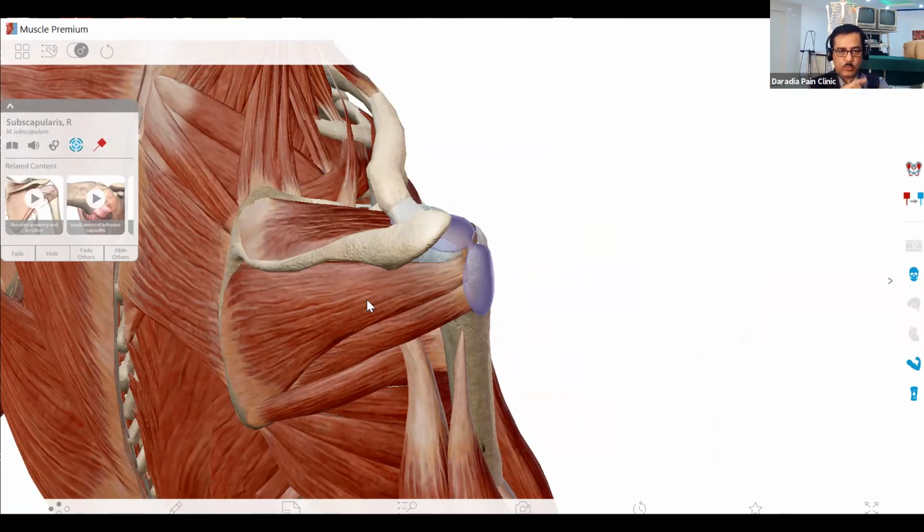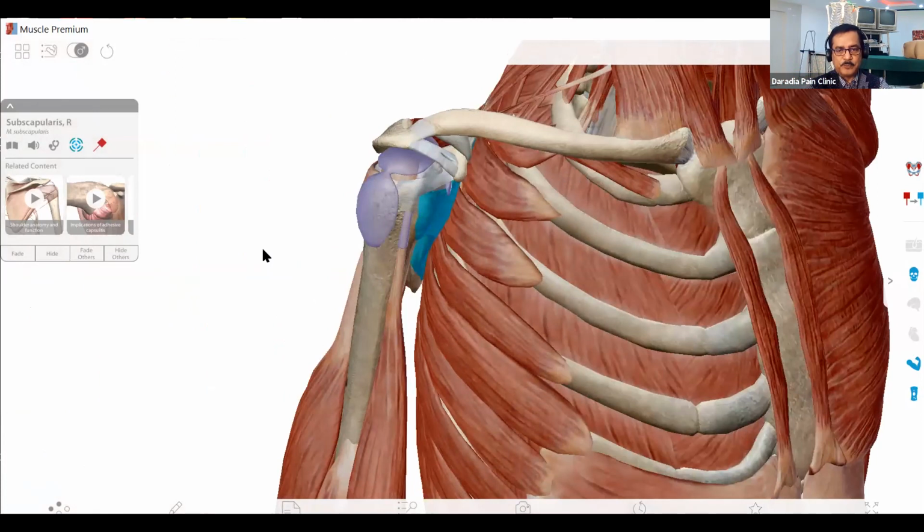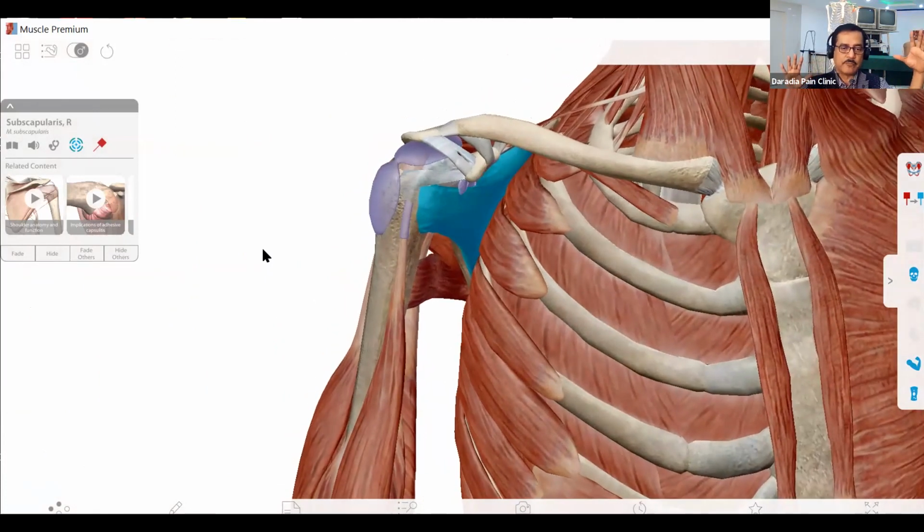Okay, so let me repeat once again. You should be remembering it, no need to read again. So 4 rotator cuff muscles. Anteriorly we are having the subscapularis. Origin is the anterior surface of the scapula. Insertion is your lesser tuberosity. Action is internal rotation.